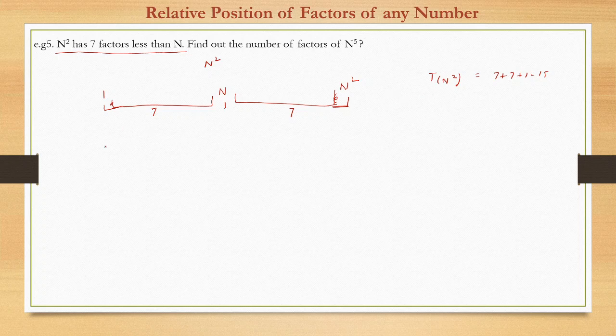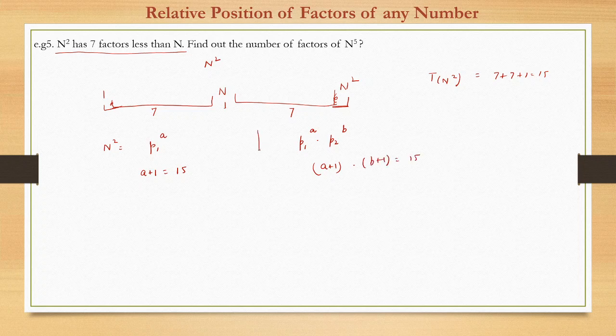So n square can be now written as either one prime factor p1 raised to power a, or it can be written as p1 raised to power a into p2 raised to power b, such that here a plus 1 would be 15, or here a plus 1 into b plus 1 would be 15.